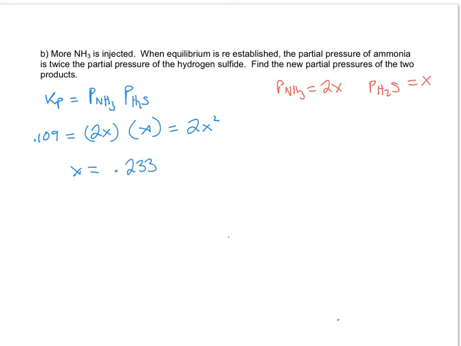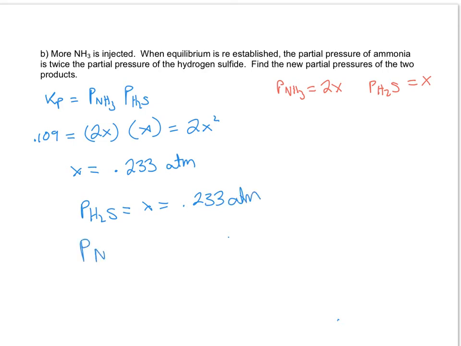0.233. And in this case, whenever you're finding the partial pressures or you're finding the concentrations, you have to have units. K, we don't need units for, but if you're finding concentration or pressure, you gotta have units. So in this case, it's atm. So then the partial pressure of H2S is X, so 0.233 atm.